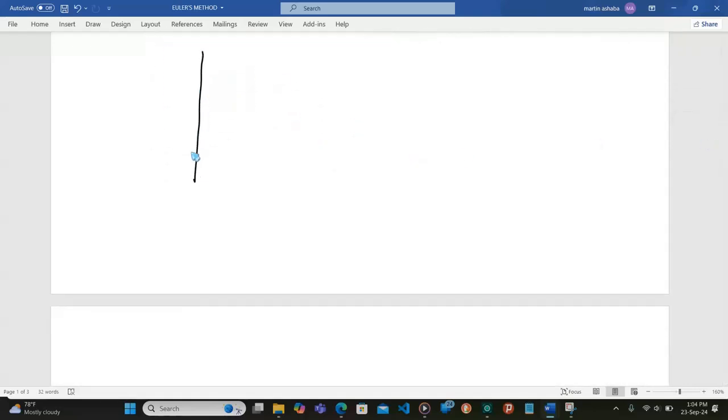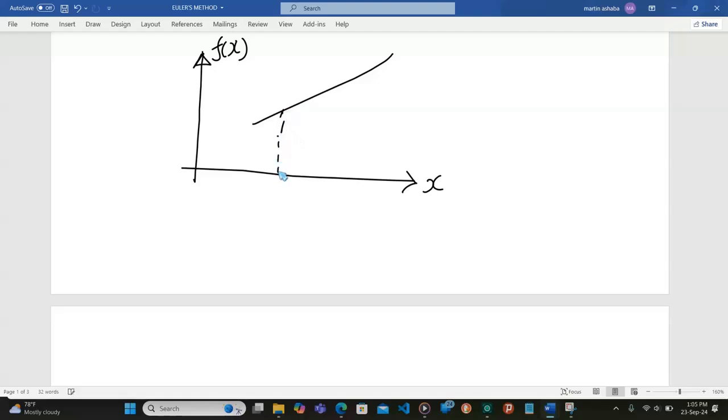If you have a function f of x and you have x values, if this is the line of the function, when we plot the values, for example, if we have x naught up to, for example, x1, here we'll have y naught, here we'll have y1.